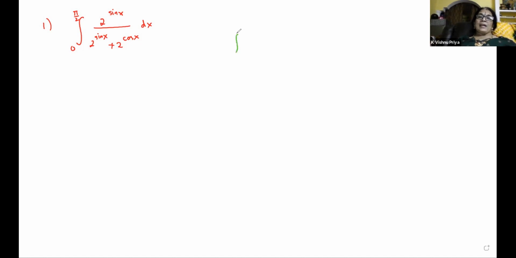First of all, we have integral A to B, whatever the numbers are. And then in the numerator, we have a function f. In the denominator, we have the same function f, whatever we wrote in the numerator, plus f of a plus b minus x.